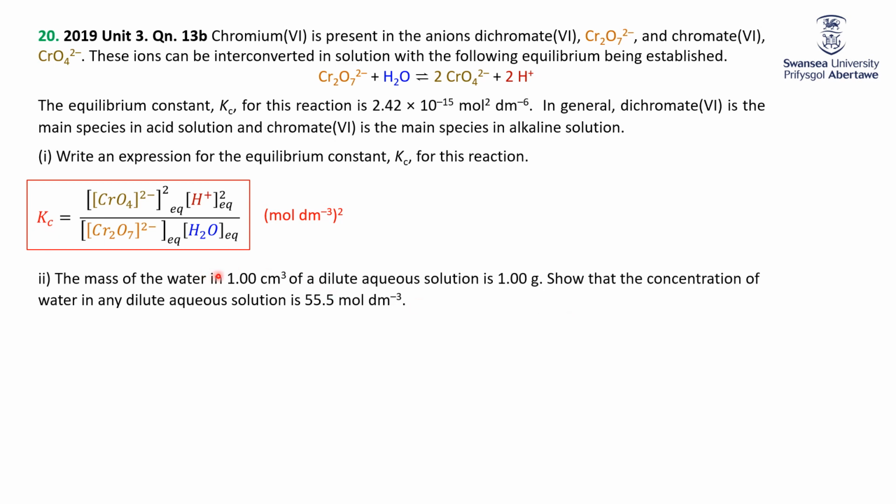Mass of water in 1 cubic centimeter is 1 gram. Show the concentration of water in any dilute aqueous solution, 55.5 moles per cubic decimeter. Again, this is not a question that really belongs here, but we might as well do it because we'll need it for the next part. So 1 cubic decimeter of solution is going to therefore weigh 1,000 grams.